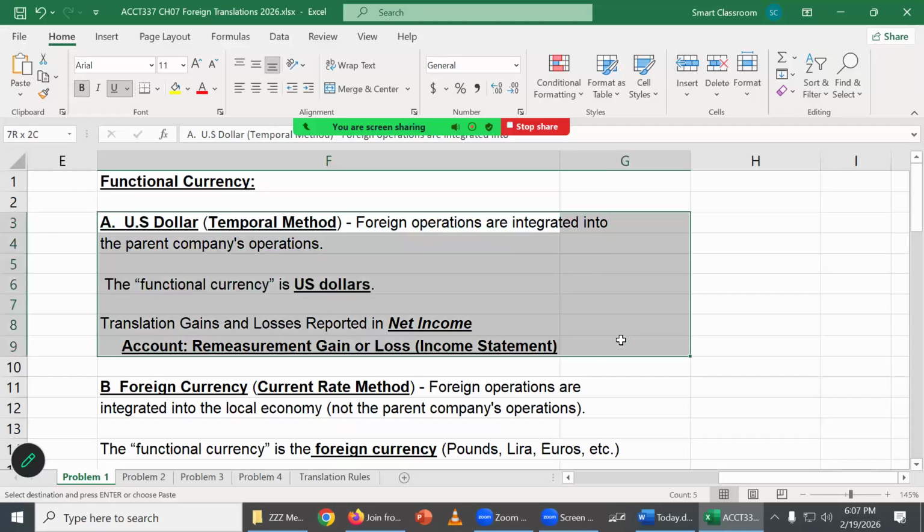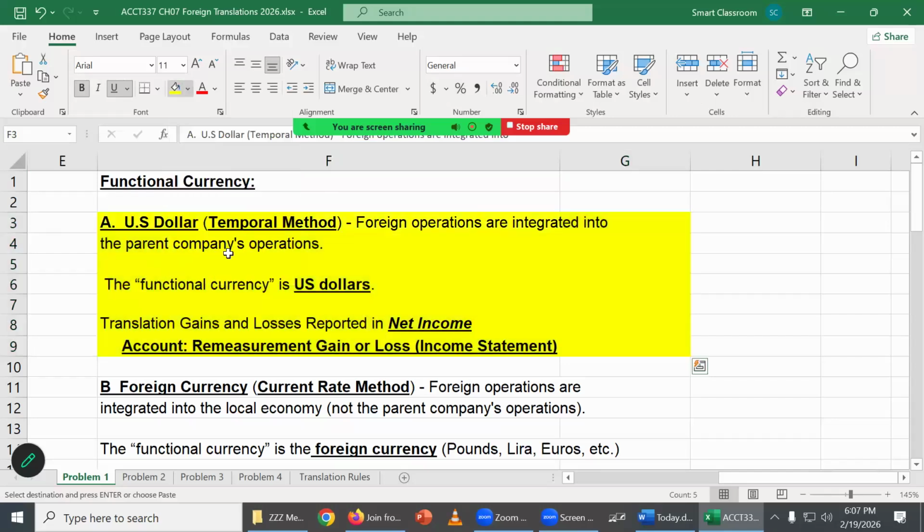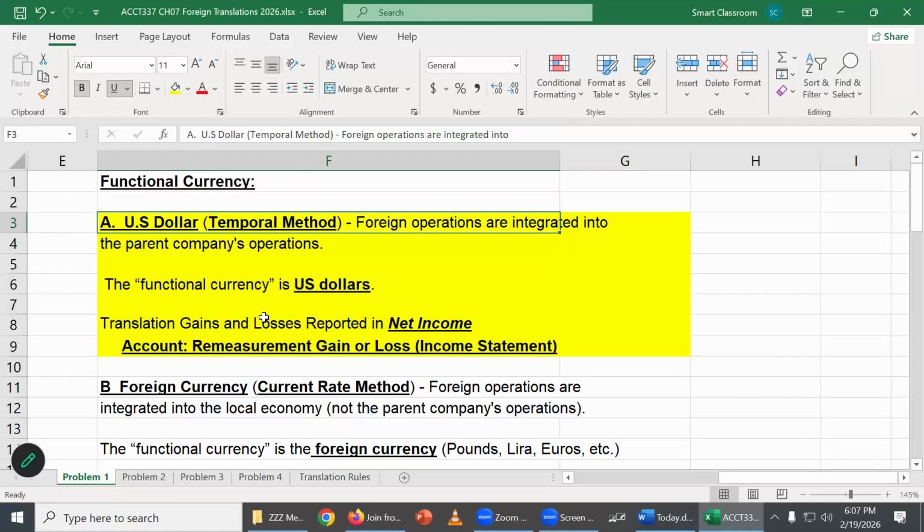Now, they come in two different flavors. The first one is if the operations take the cash flows from the international investment business and fold them directly into the US company.